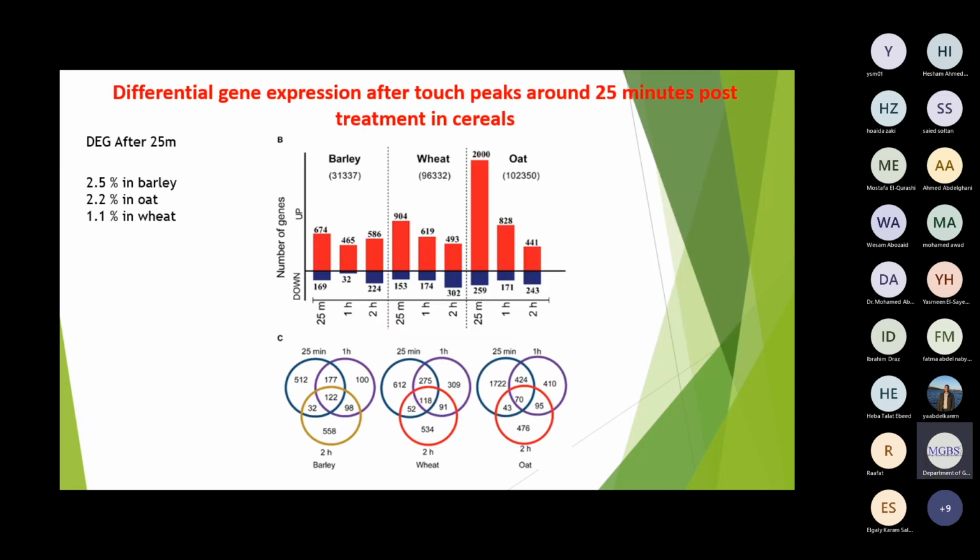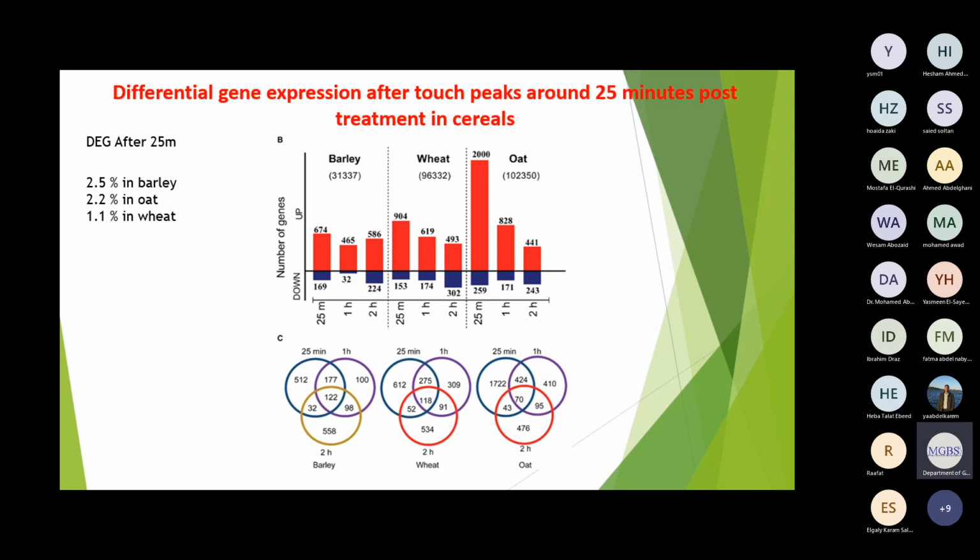So here, when I treat the seedling, what is the result? You see that after 25 minutes from mechanical stress, I see many genes upregulated, because the red columns represent upregulated genes. You see that upregulated genes are more numerous than downregulated genes.